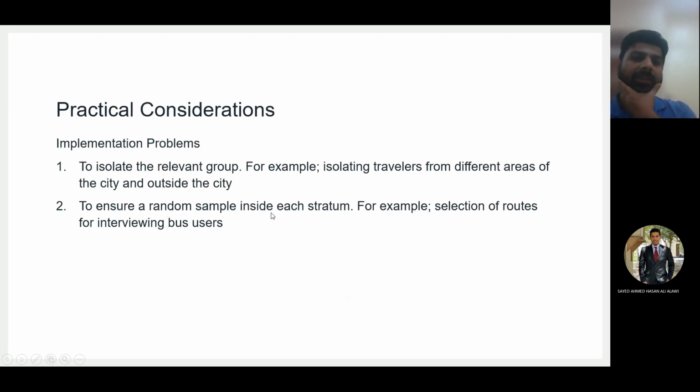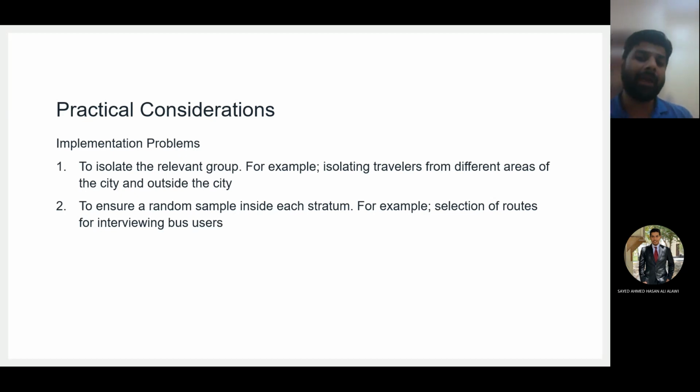Okay. Now when you are selecting the sample size, when you are doing the sampling, you have to take into consideration two problems. Okay, the first problem is to isolate the relevant group. So for example, I want to get the data for people who are in one city.